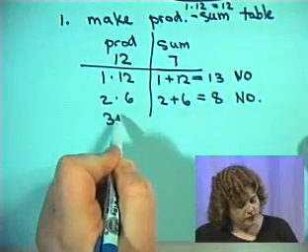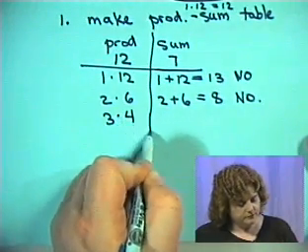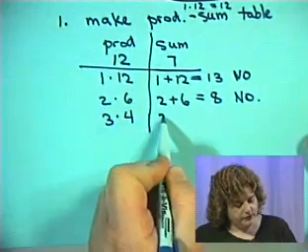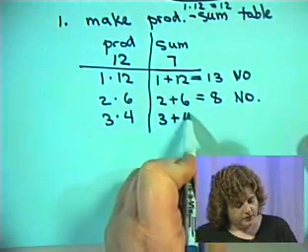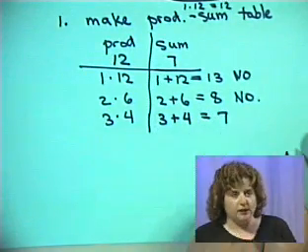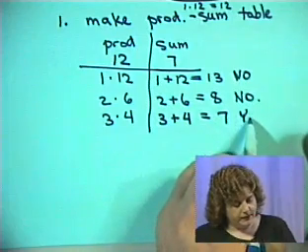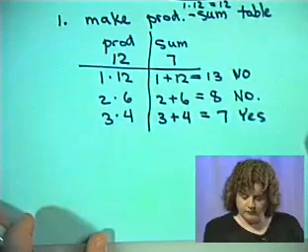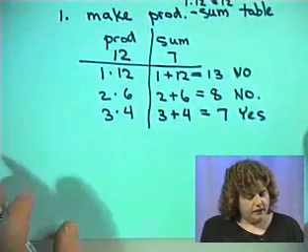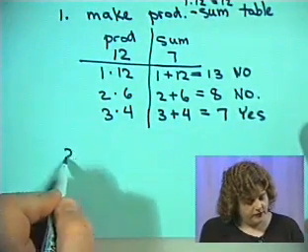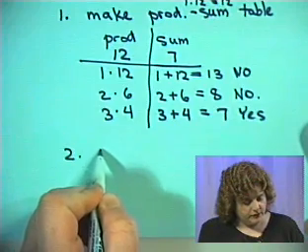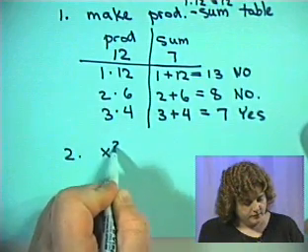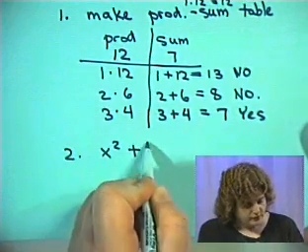Well, we can also try 3 times 4. If we add up those factors, 3 plus 4 does indeed equal 7. So these are the factors that we're interested in. Now, in this special case where we just have plain old x squared, I'll rewrite the original trinomial here.